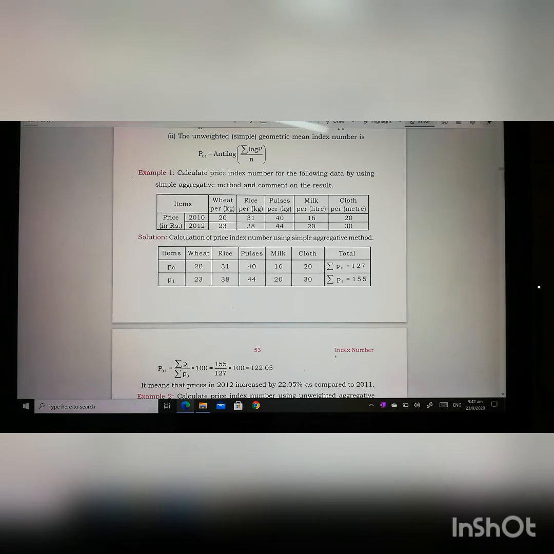In weighted index numbers also, classification is done on two categories: weighted average of relatives and weighted aggregative. I have already explained all those formulae based on simple average of relatives, simple aggregative, weighted average of relatives and weighted aggregative.